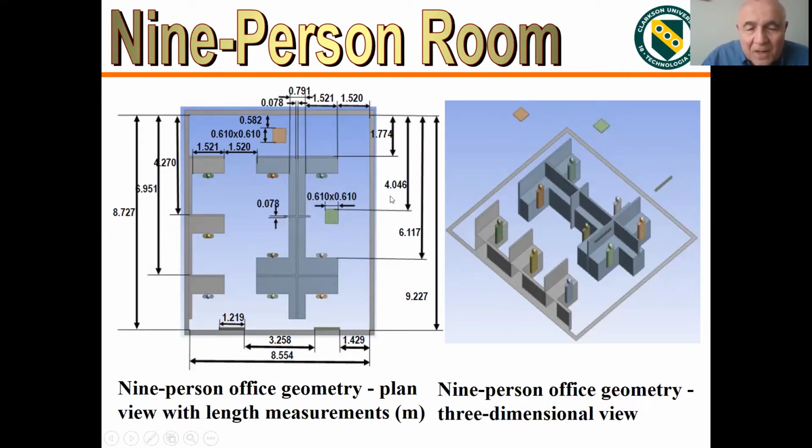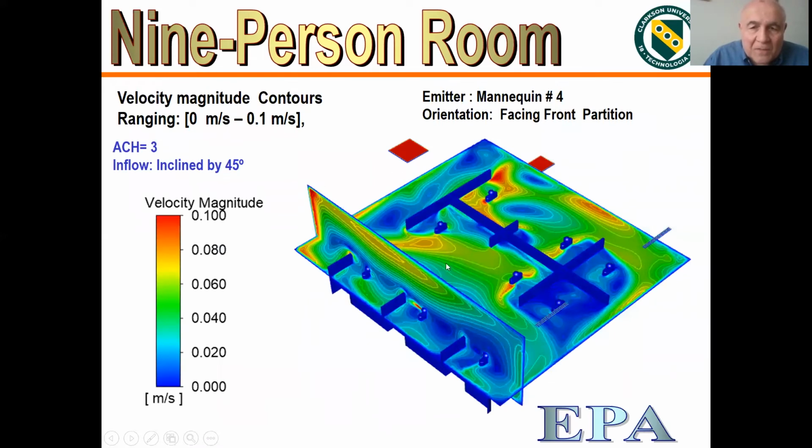This is a larger 9-office room at EPA that was modeled here. They are partitioned between people, and it's a very large room, about 9 meters by 9 meters in area. Each of these mannequins is speaking, and we look at the flow field as well as concentration. Number 4 is speaking here, and it's continuous speaking to get the worst scenario.